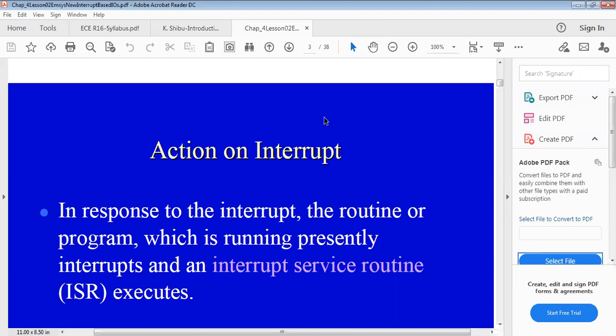But when it comes to a machine, what action has to be performed is tabulated and listed in memory as a table. That table is called the interrupt vector table, and that vector notation shows, at a particular address, what actions have to be performed.